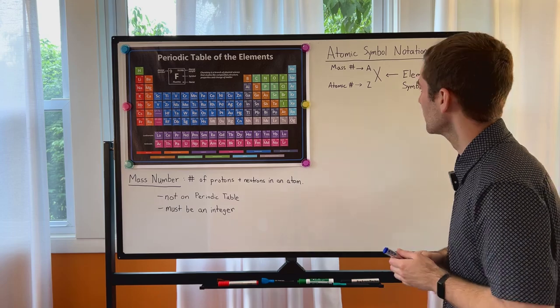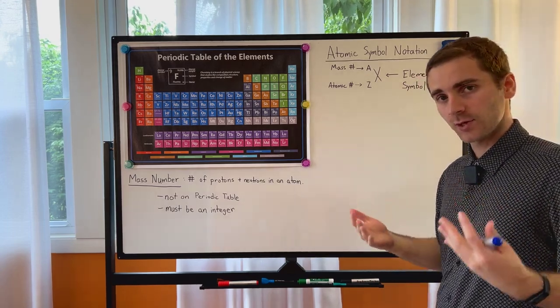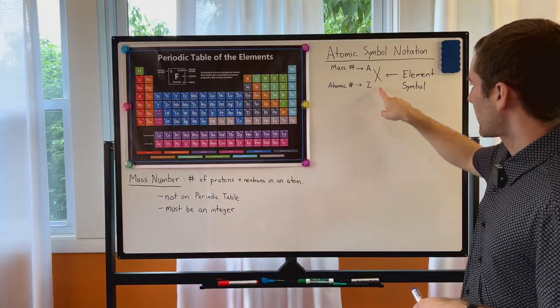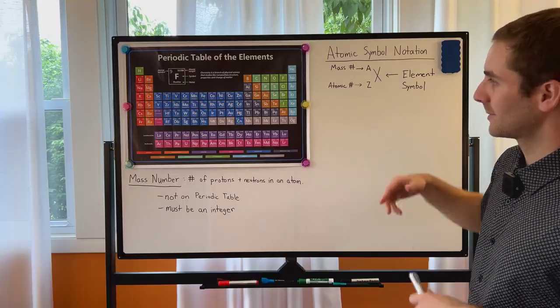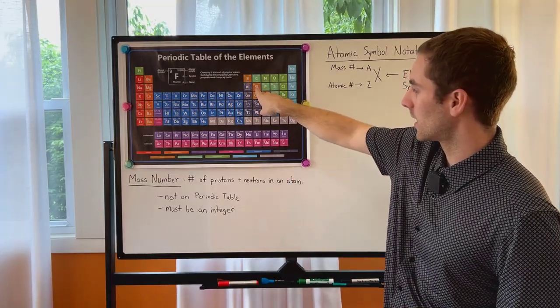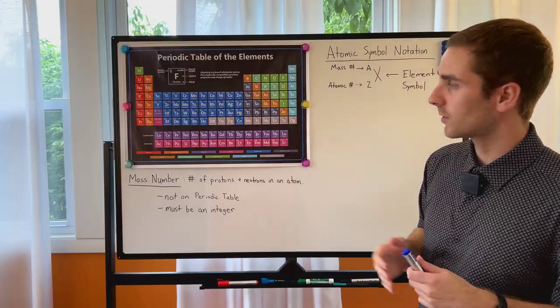Now, a common way of notating atoms or nuclei is this atomic symbol notation, where we write the element symbol. This X is a placeholder for the element symbol. By symbol, I mean these big one or two letter abbreviations for each element.